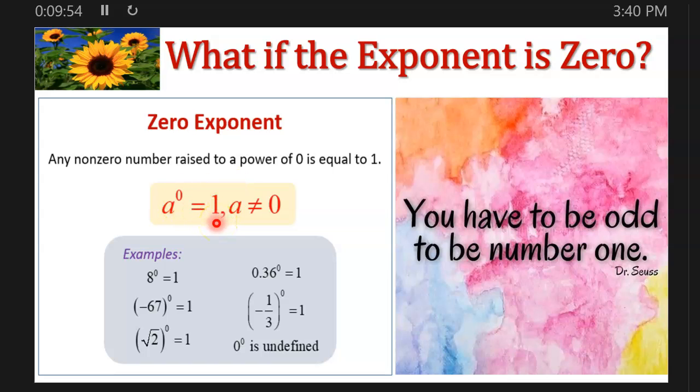The base, the exponent, everything. So 8 to the power of 0 is 1. Negative 67 to the power of 0 is 1. The square root of 2 raised to the power of 0 is 1. 0.36 raised to the power of 0 is 1, and so forth. All of these are 1s except for 0. 0 is undefined. You cannot raise 0 to the power of 0. Okay.